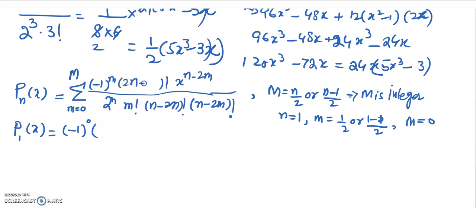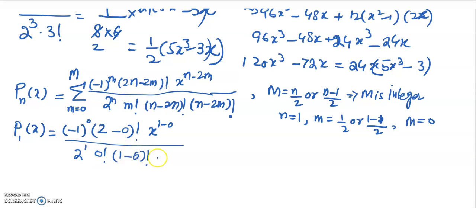So n was 1, so it will be 2, and m was 0, so 0 factorial, then x power 1 minus 0, and then 2 power 1, 0 factorial is 1, then 1 minus 0 factorial, and also 1 minus 0 factorial.